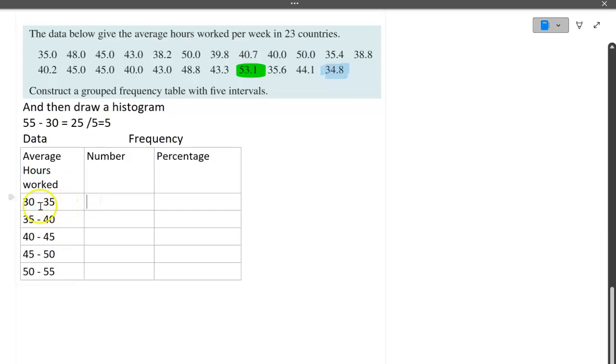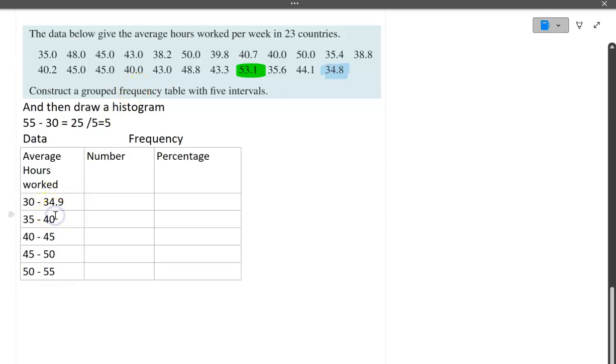So one more thing I want to say is that sometimes in the book this 35 on the top is not included in this area, so it's better to write 34.9 here because we have only decimals like that.